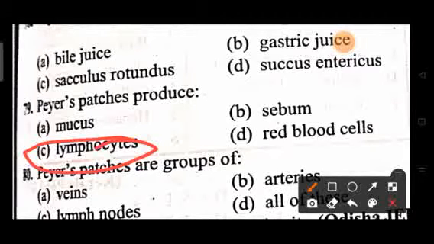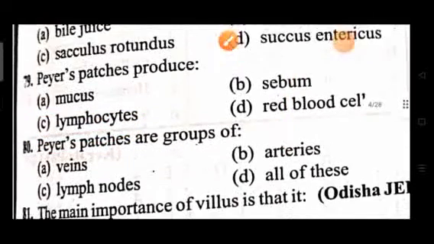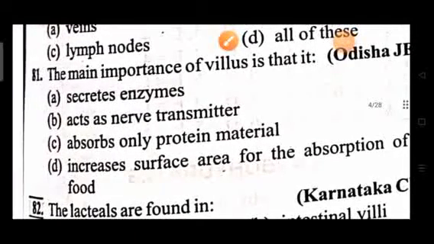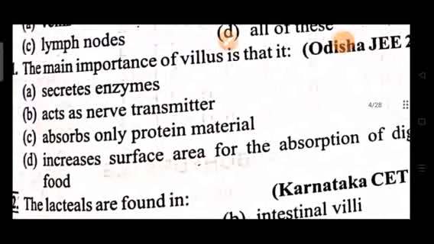Next, question 81. The main importance of villus is that it secretes enzymes, acts as a nerve transmitter, absorbs only protein, or increases surface area for the absorption of food. Enzymes are produced by different components in our body.